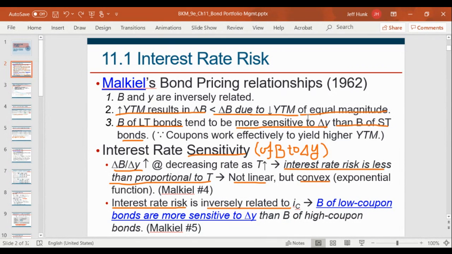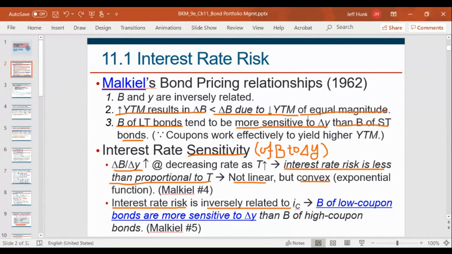It's also called maturity risk. Why? What does maturity have to do with it? Price gets slammed by a sudden increase in interest rate. What about maturity? Well, we also talked about this in bond valuation.